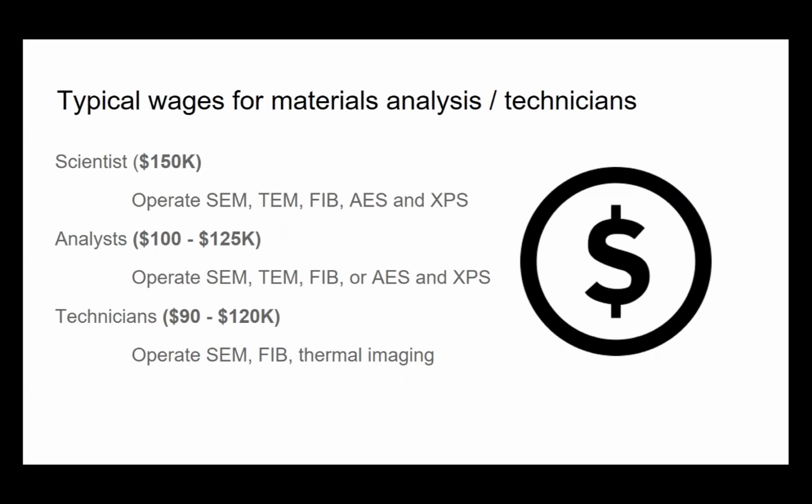Technicians, and this is really why you want to think about this field, can earn starting at about $90,000 with a year or two of experience and range up to $120K when you're doing the work of an analyst. And technicians will typically operate in an analytical lab, electron microscopes, focused ion beam or thermal imaging, or any of the surface analysis tools. These are certainly very significant salaries.